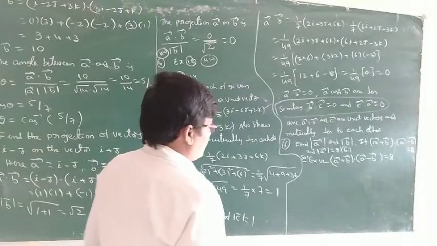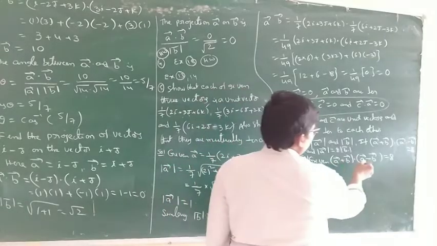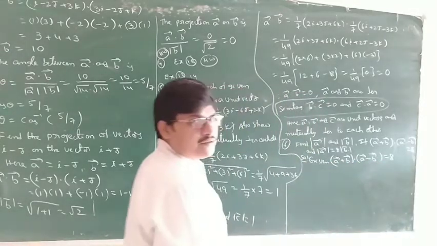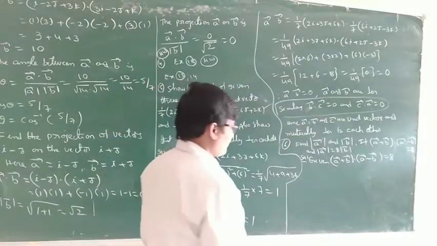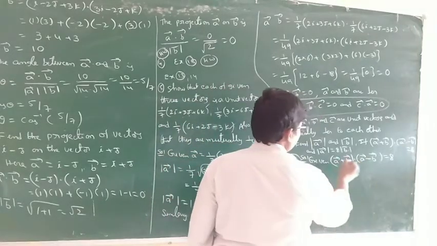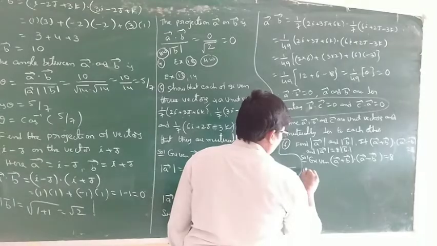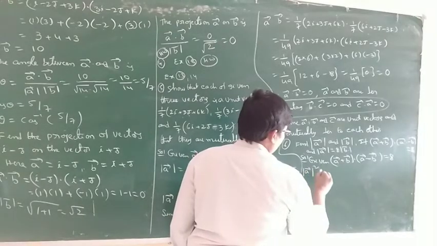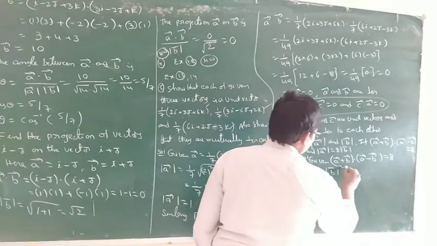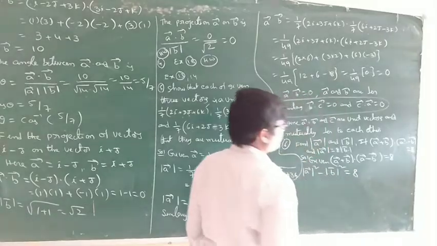The question asks for the magnitude of a bar and magnitude of b bar. These are the conditions. Simply, a plus b dot a minus b is equal to a square minus b square, which is magnitude of a bar whole square minus magnitude of b bar whole square.